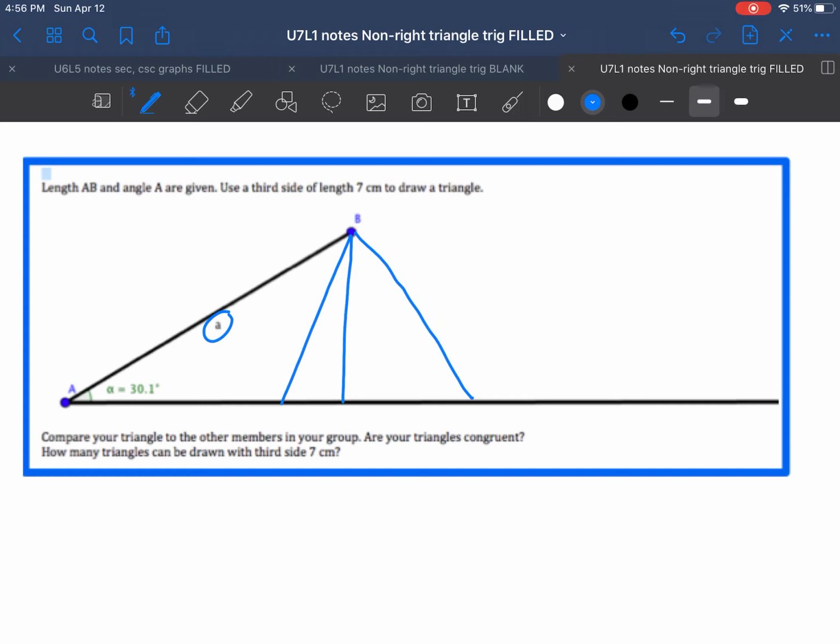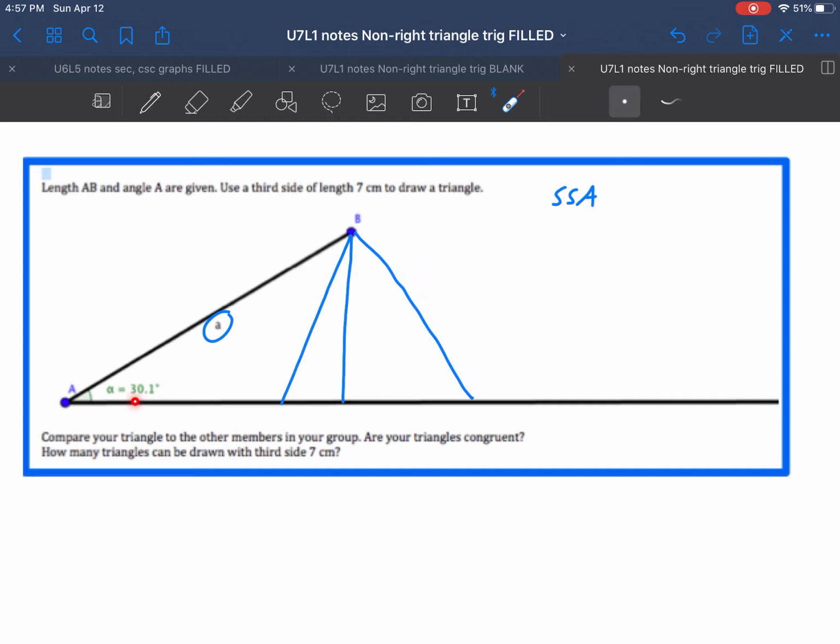AB is given. So what we want to check is called the ambiguous case, because we know two sides: we know this side AB, and we know this other side. But we don't really know where it could be. It could be like this, could be like this, could be way out here.